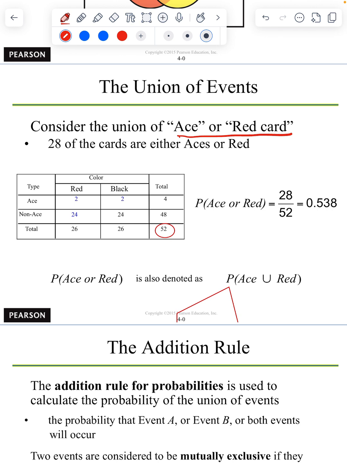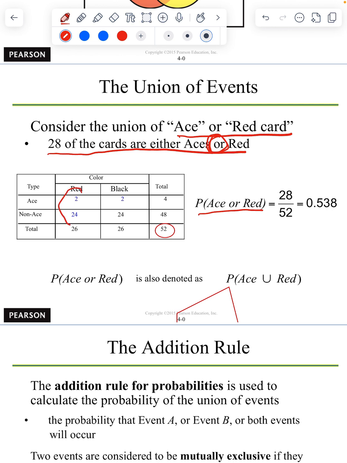You've got 28 of these cards that are either aces or red, not aces and red, but aces or red. So when we look at this, we've got the possibility of having 28 cards that could be aces or red.